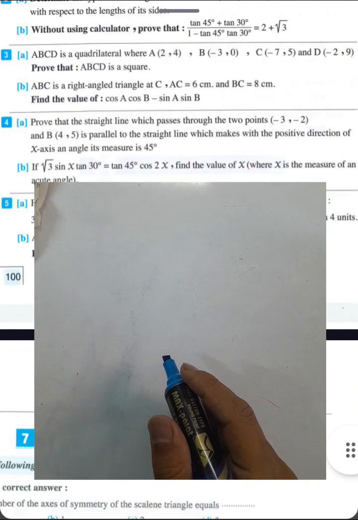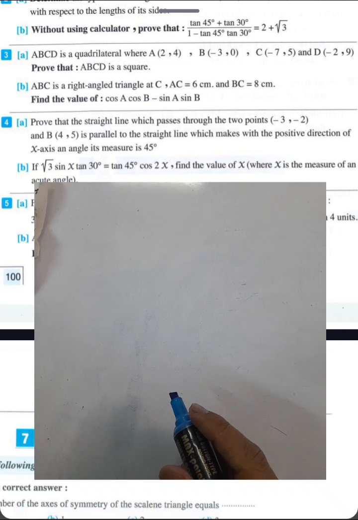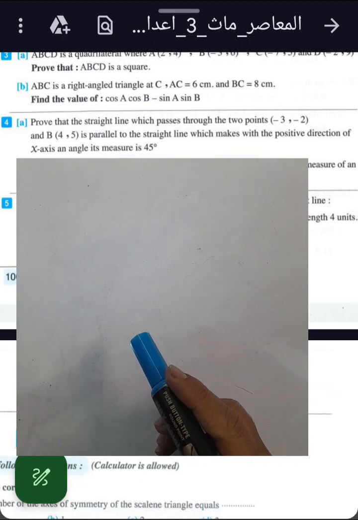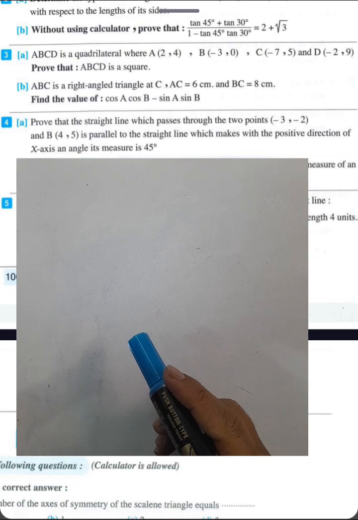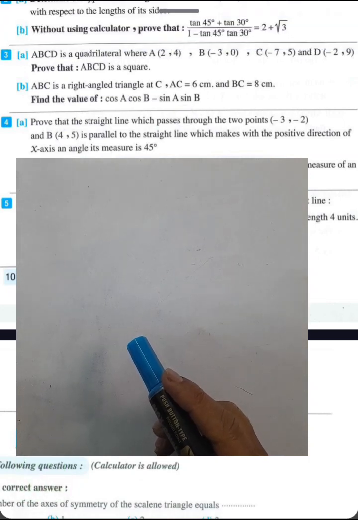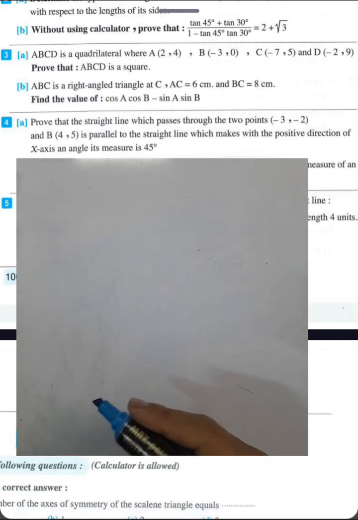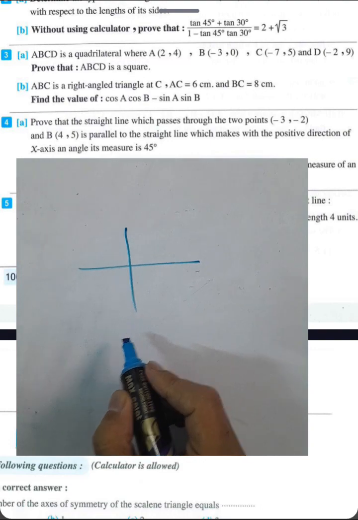Question number 4. Prove that the straight line which passes through the 2 points 4 and 5 and -3 and -2 makes an angle of 45 degrees with the positive direction of the x-axis. We have a straight line in the graph passing through 2 points.